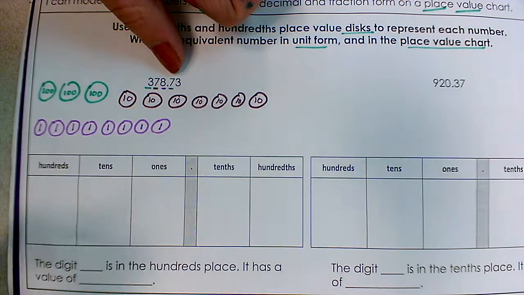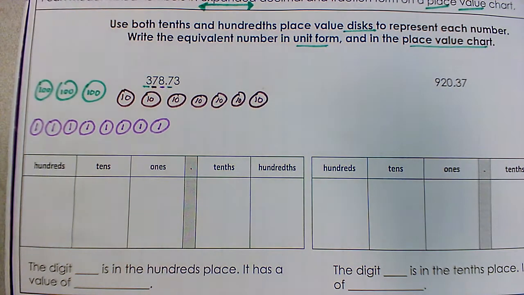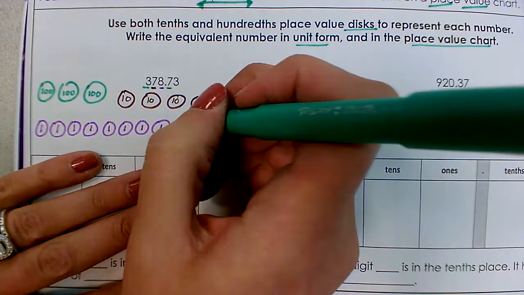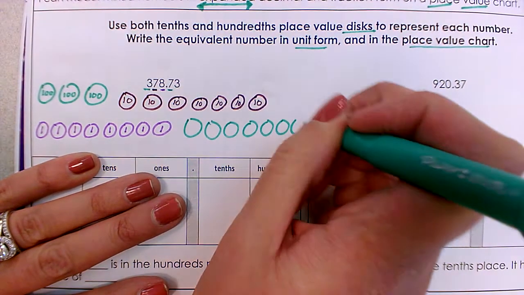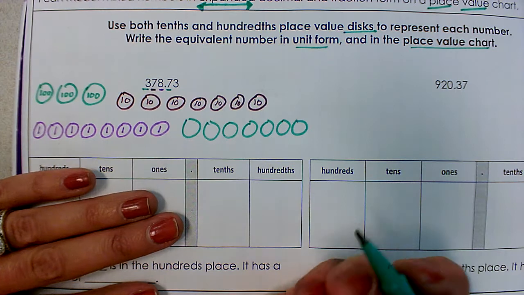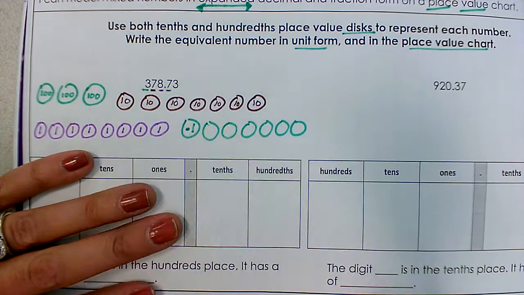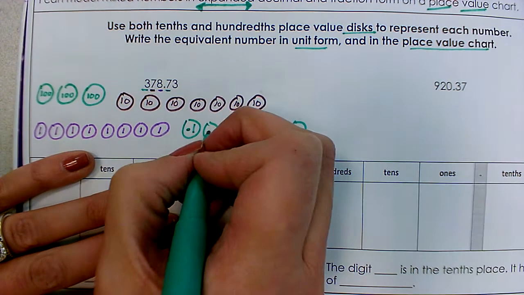And in this first place value, I know that is the tenth, and there are 7 of them. So I'm going to draw 7 circles again. And they represent a tenth, which looks like this. And so in each circle, I will write 1/10.